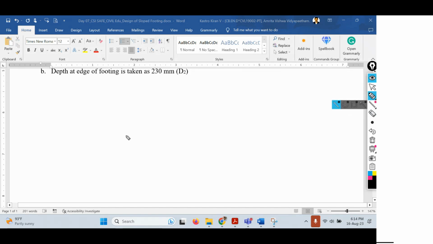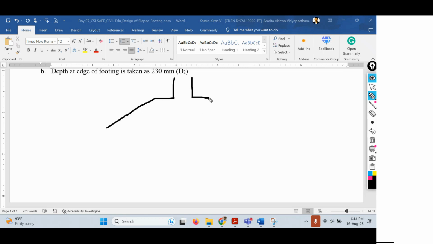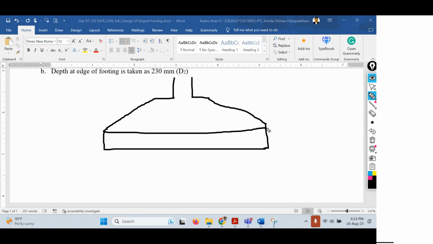If you take a sloped footing, it goes in this way. So this is how the sloped footing looks like.